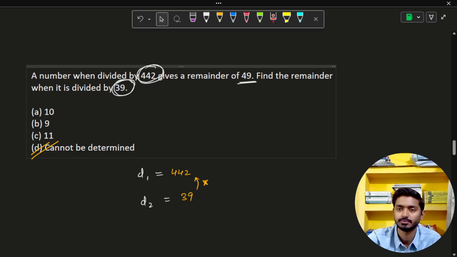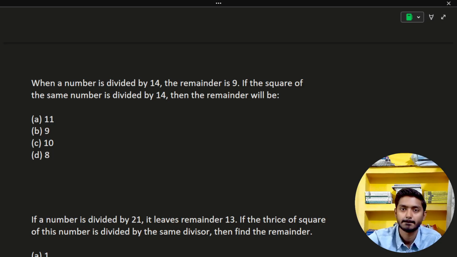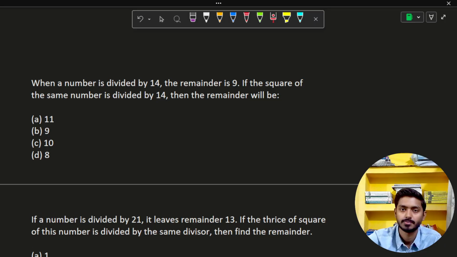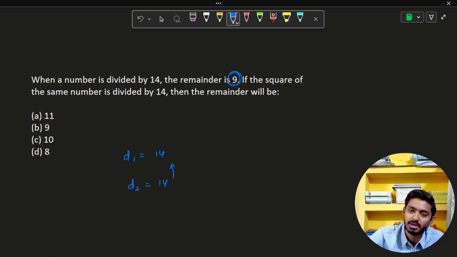All right. Next question. Question states when a number is divided by 14, so the divisor first is 14, it leaves a remainder 9. If the square of the same number is divided by 14, the second divisor as well is 14. Now obviously it is a multiple, so we'll assume the number to be the remainder itself.